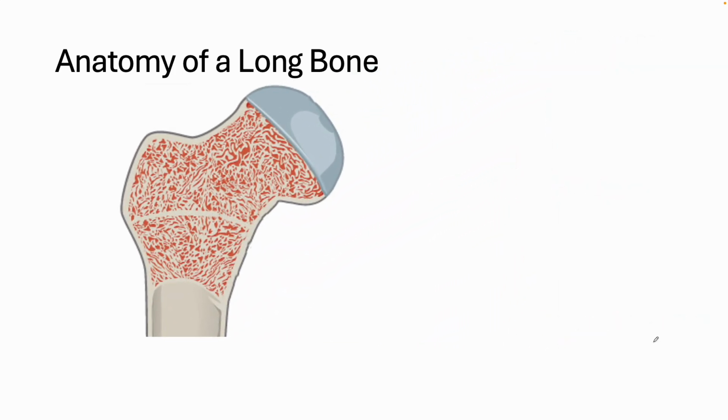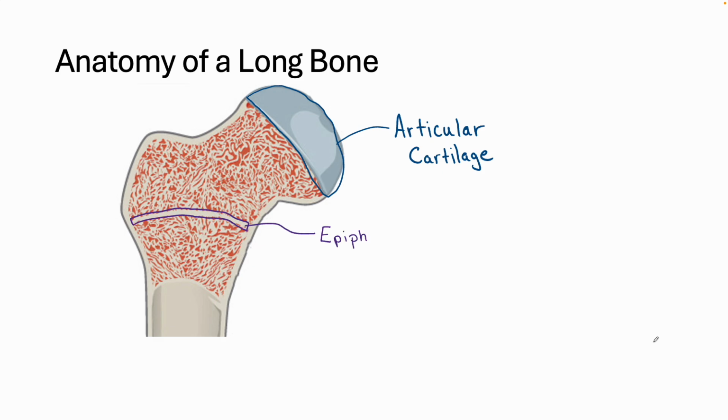Okay, so coming up closer, looking at the epiphysis, we can see that there is going to be cartilage covering the articulation surface, so that's the articular cartilage. You'll see that there's a little line here separating the epiphysis into two regions.